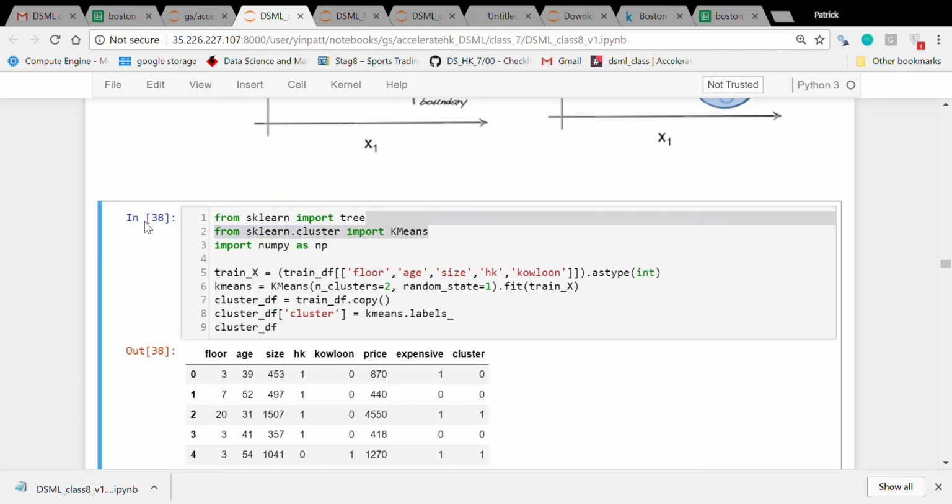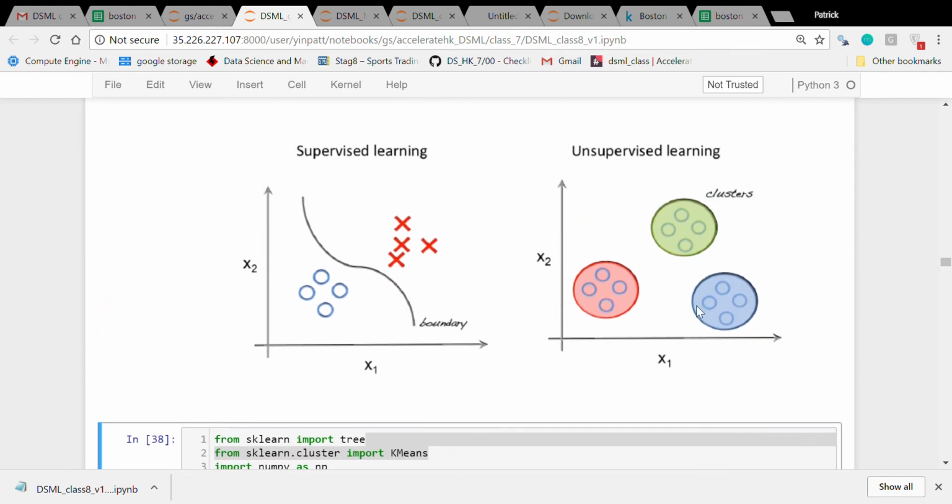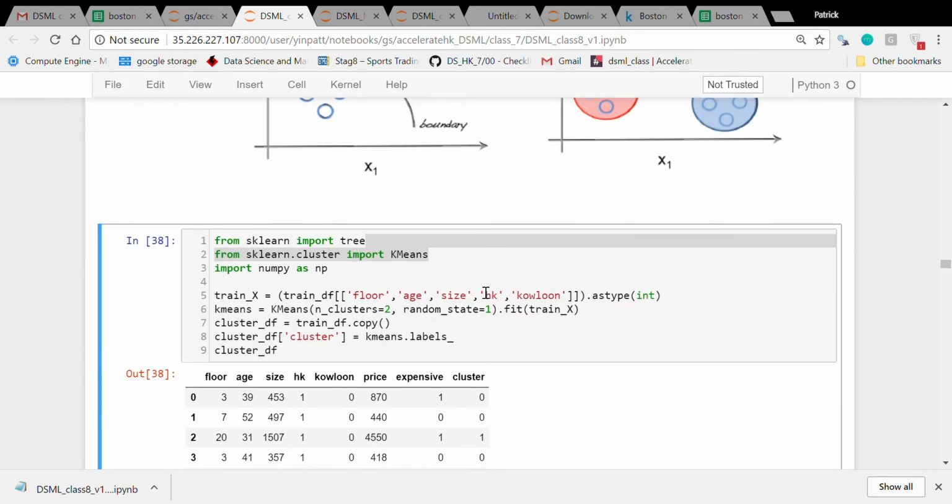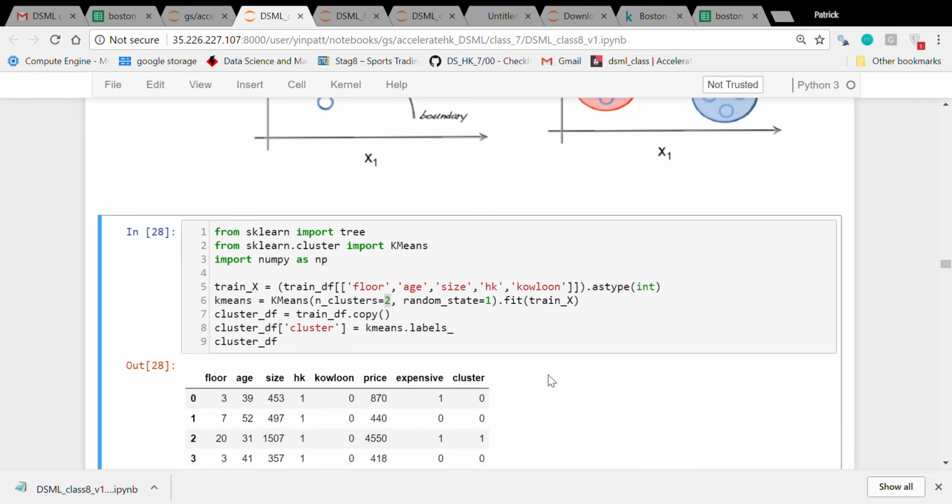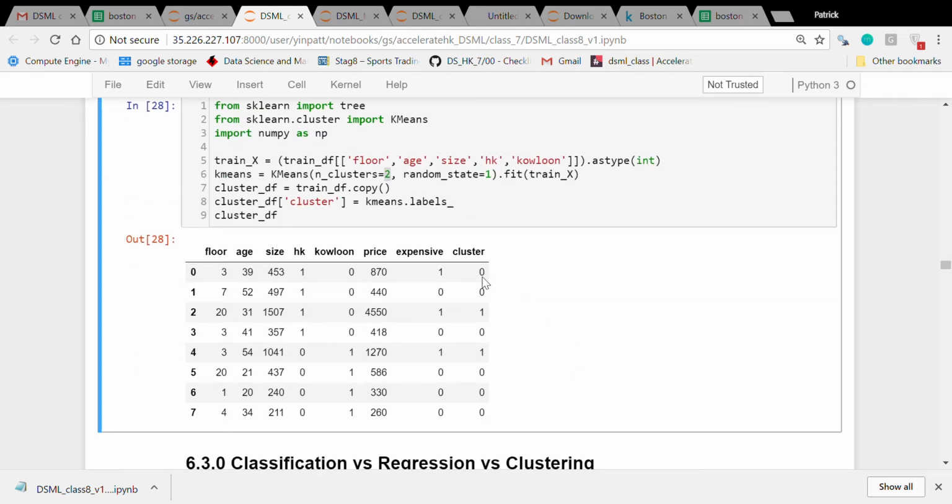One of the unsupervised learning methods is called k-means, and I'm talking about this. In unsupervised learning, you have to tell how many clusters there are. So in here, I just specify 2 clusters. And after I run it, this column is what the machine figured out.